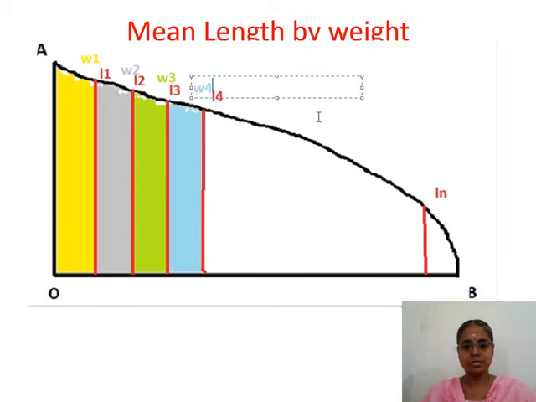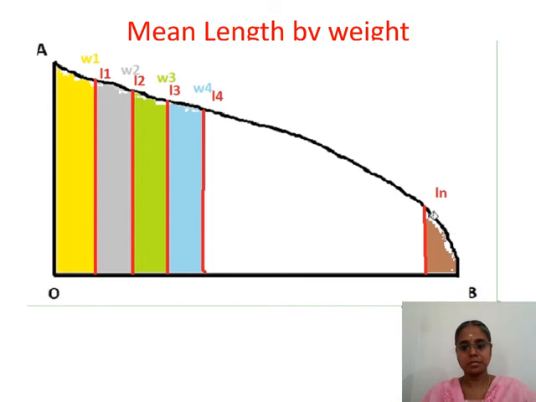The weight of L4 fibers is W4. You cannot measure each and every length, so we are dividing into length groups. And this last one, let it be Wn, the last one. This is not Ln; here it is Ln.